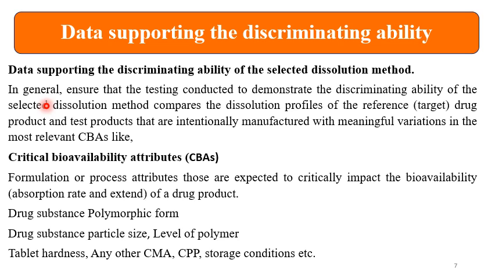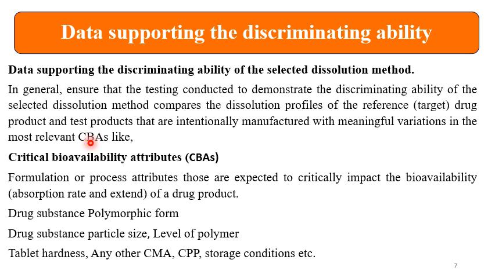In general, these are required to ensure that the testing conducted to demonstrate the discriminatory ability of the selected dissolution method compares the dissolution profiles of the reference, that means the target if the product is generic, and the drug product and the test product that are intentionally manufactured with meaningful variations in the most relevant CBAs. So these critical bioavailability attributes are the CBAs.